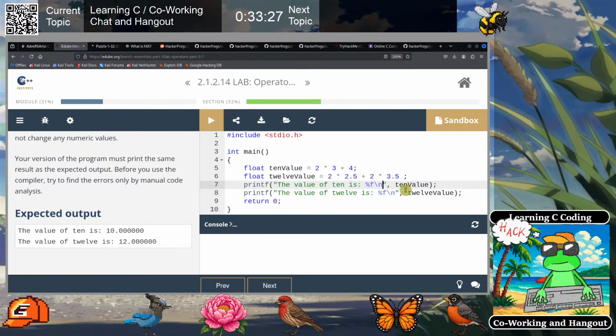So 3.5 times 2 is 7. 7 plus 5 is 12. Yeah, I mean, that should go through. Let's run the code. The value of 10 is 10. The value of 12 is 12. All right, great. Let's move on.